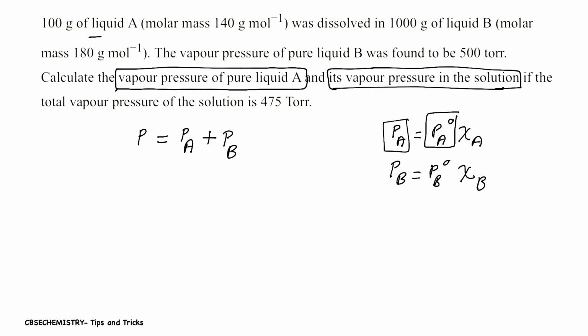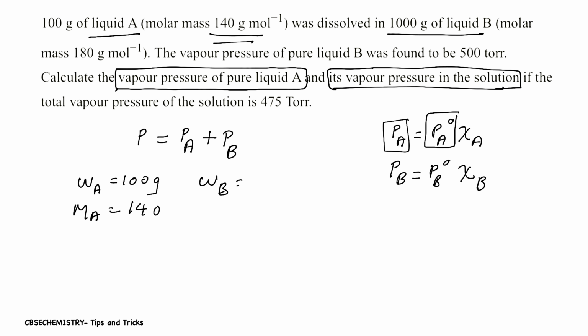What is mass of liquid A? It's given, right? It is 100 gram. Correct? Now what is the molar mass of A? It is also given, 140 gram per mole. Now see what is mass of B. It is 1000 gram, right? Now what is molar mass of B? It is 180 gram, correct?